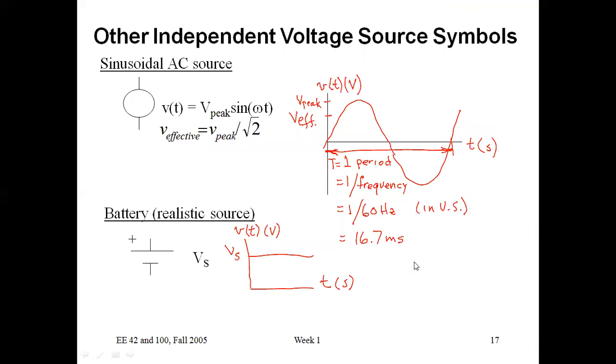The other independent voltage source symbols are: this is the sinusoidal AC source, v(t) equal to Vm sin(omega t), where Vrms is Vm upon root 2, or 0.707 Vm. The battery is indicated by this symbol, and it is a realistic source. It gives a constant DC supply, whereas the sinusoidal source gives a sinusoidal alternating supply.